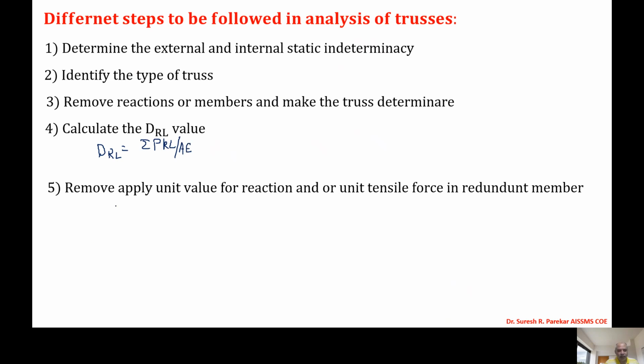Then remove external loads and apply unit value for reaction. For an externally indeterminate problem, we need not require a redundant reaction.